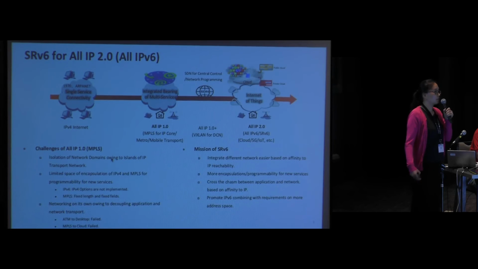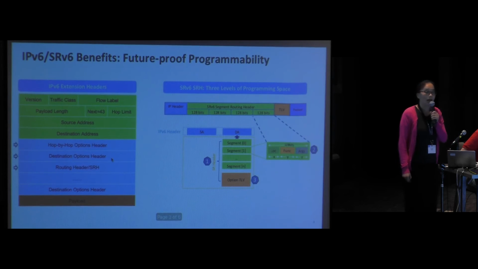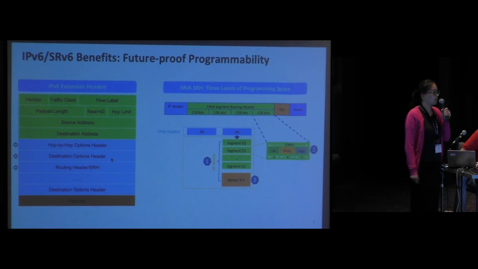So it has the programmable fields. So you could convey more information from the applications to the network. So in that case, you could integrate the application and the network, make them work together. So here are the IPv6 extension headers.